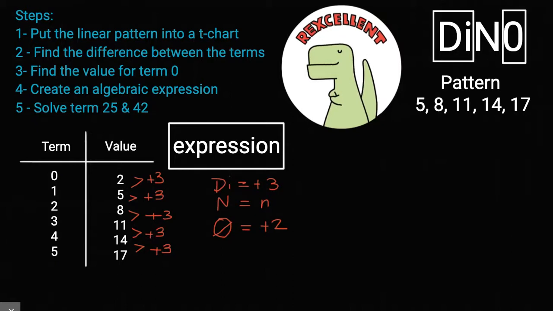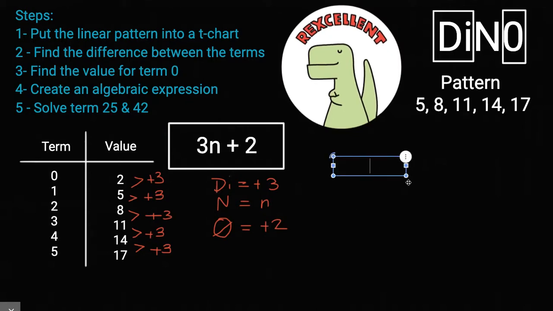So I would put that all together now as an expression to end up with 3n plus 2. Okay, so that is my expression. Now I'm wanting to use my expression to solve term 25 and 42.